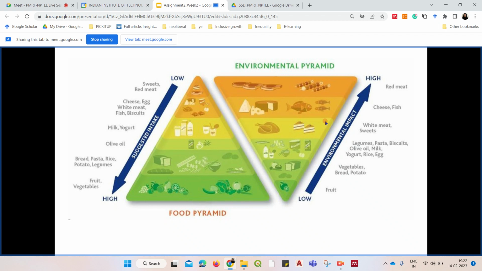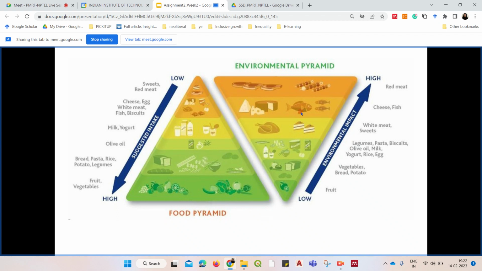This is because the amount of energy which is consumed in creating that food is more as compared to the amount of energy which is consumed in creating a food which belongs to a lower trophic level.